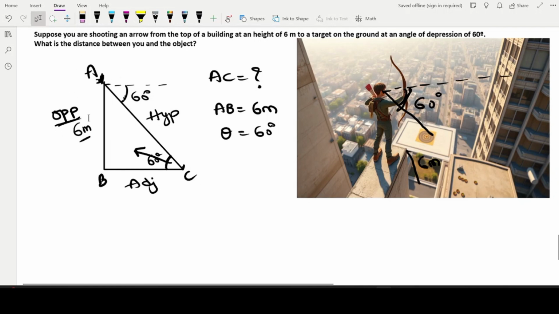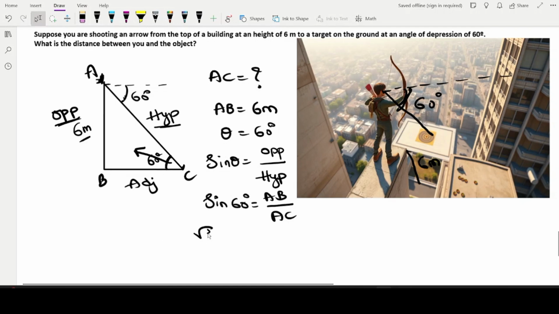The trigonometric ratio that combines the opposite side and the hypotenuse is sine theta equals opposite side divided by hypotenuse. So sine 60 degrees equals AB, the opposite side, over AC, the hypotenuse. We know sine 60 degrees is root 3 by 2 equals AB, which is 6, divided by AC.